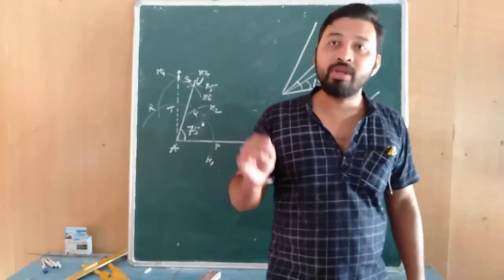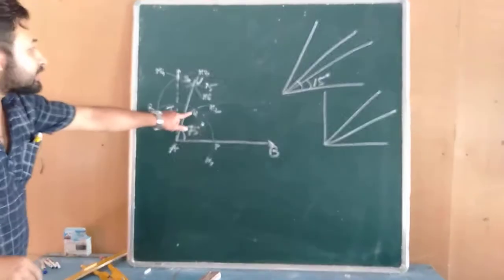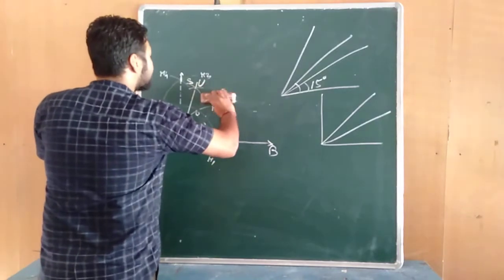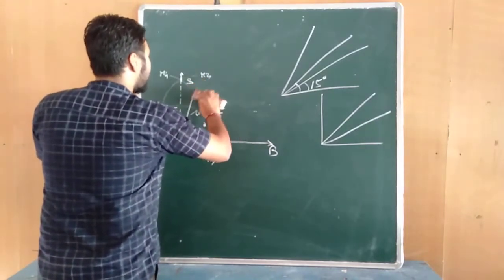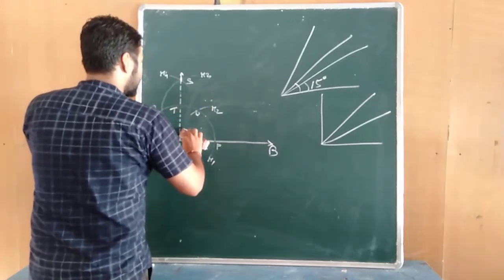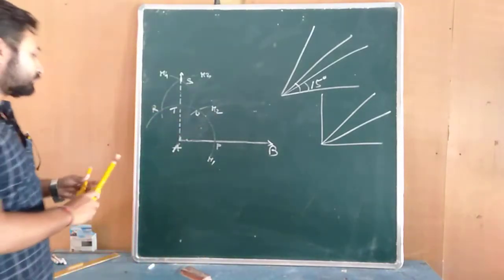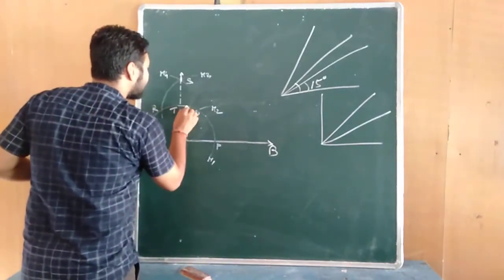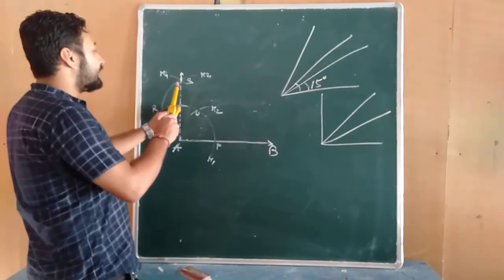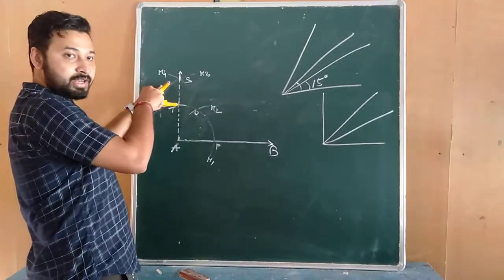Suppose we need a 75 degree angle. Instead of this Q, what will we do? Taking TS as center, we will draw one arc on this side. Understood?